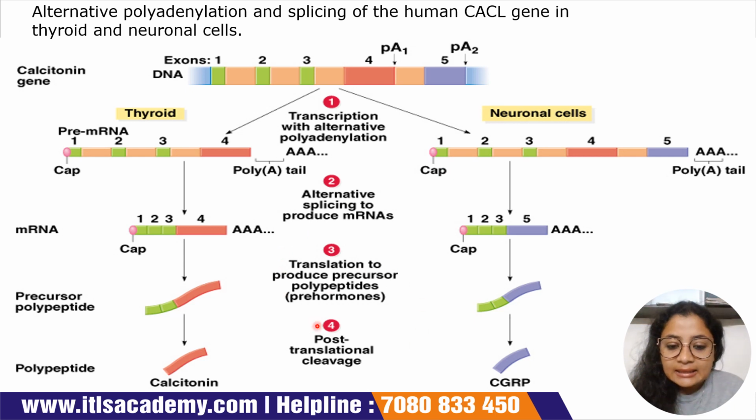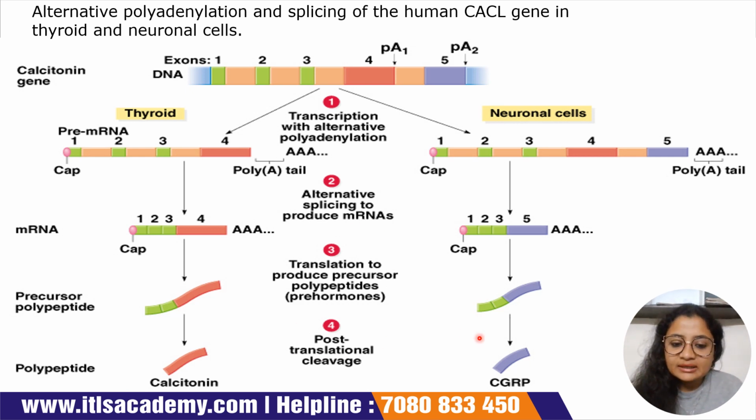Then we have the third step, that is translation to produce precursor polypeptides, which are nothing but the pre-hormones, means just the step before we get the original hormone. Here we are getting the precursor polypeptide. It involves some structural modifications, or you can say translational modifications.